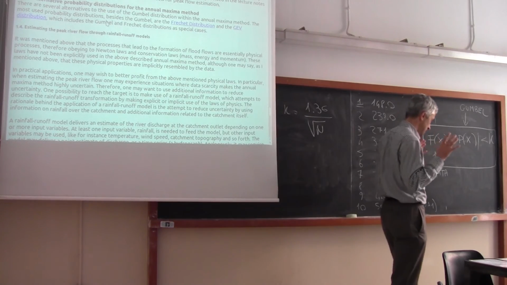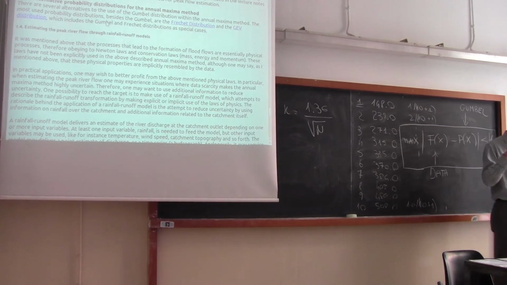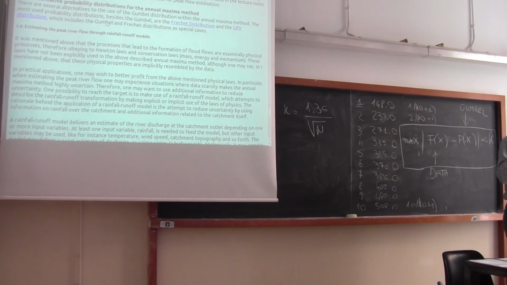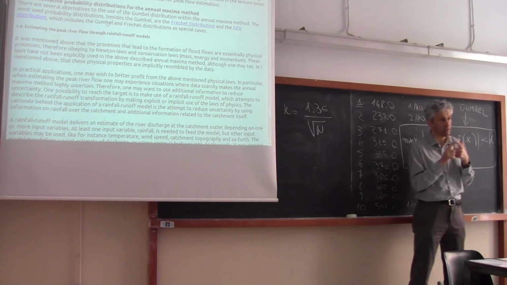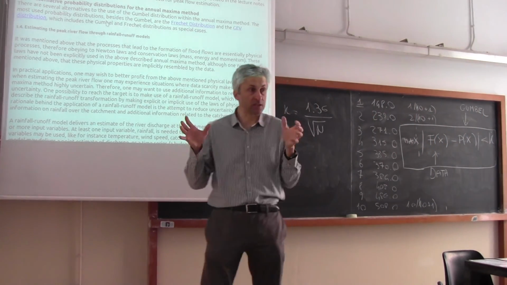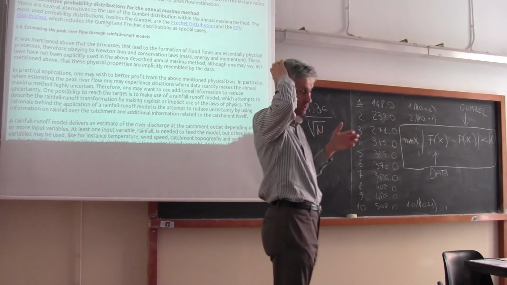This method is based on extracting the physical information from the data. And how is this physical information extracted? By computing two statistics, the average and the standard deviation of the annual maxima. That's it. So this method uses just two simple statistics.